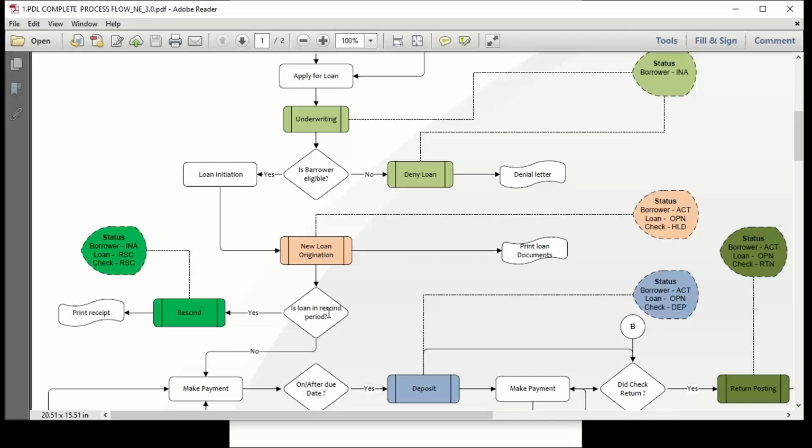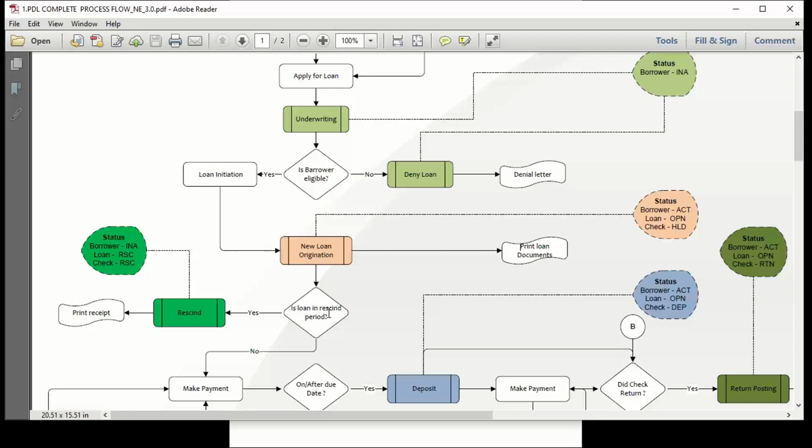Recent period is like this: suppose you take a loan today, the 4th of October. If you come within 3 days to repay the loan, we call that the recent period, and we do not charge any interest or charges. If you take $500 as a loan, you can repay $500 if you come within 3 days.